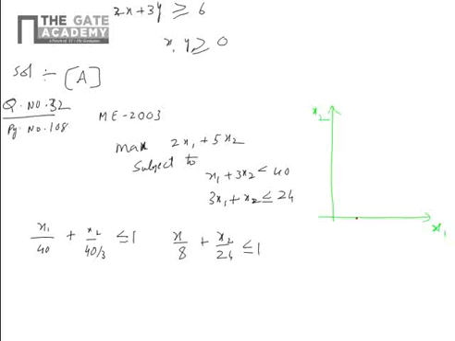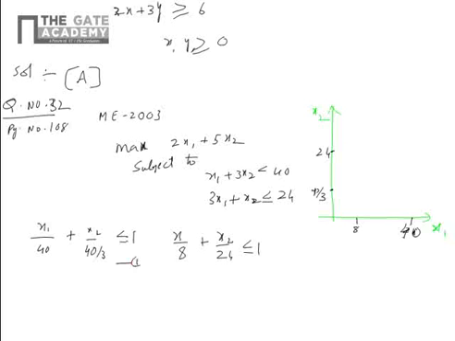So x1 value varies from 8 to 24, and the other values vary from 40 by 3 to 24. Okay, then draw the lines.